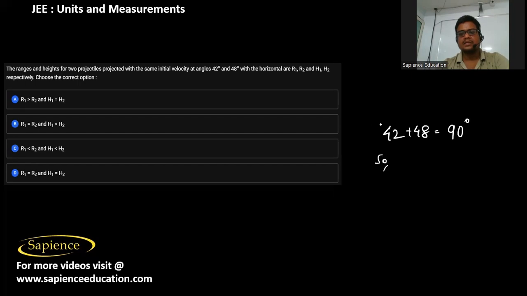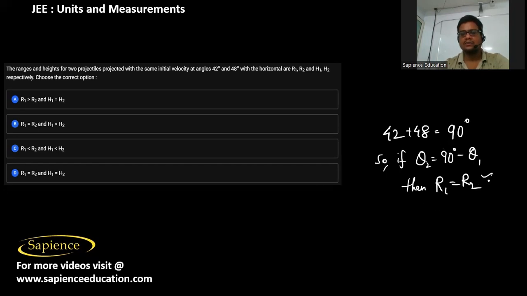So it means their ranges will be the same. Since if theta 2 is equal to 90° minus theta 1, where theta 1 and theta 2 are the angles of projection, then the ranges will be the same. R1 will be equal to R2. So here also the same thing will happen.